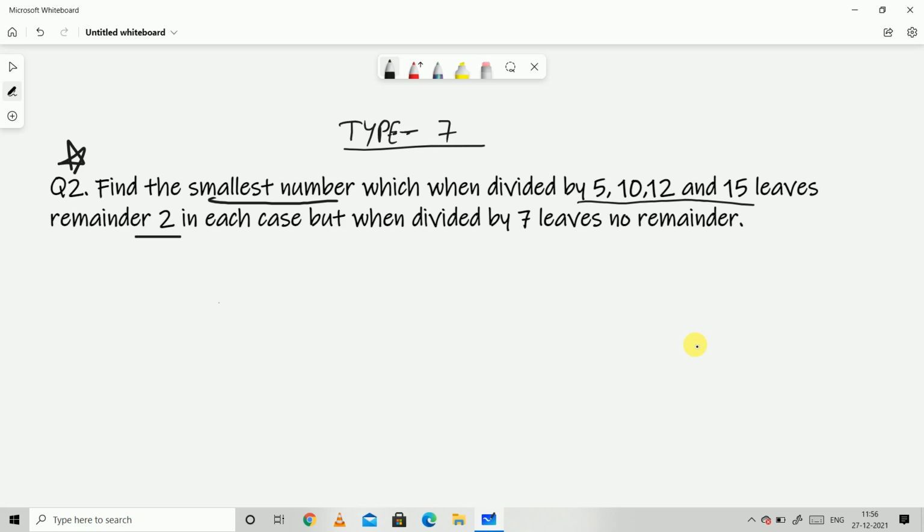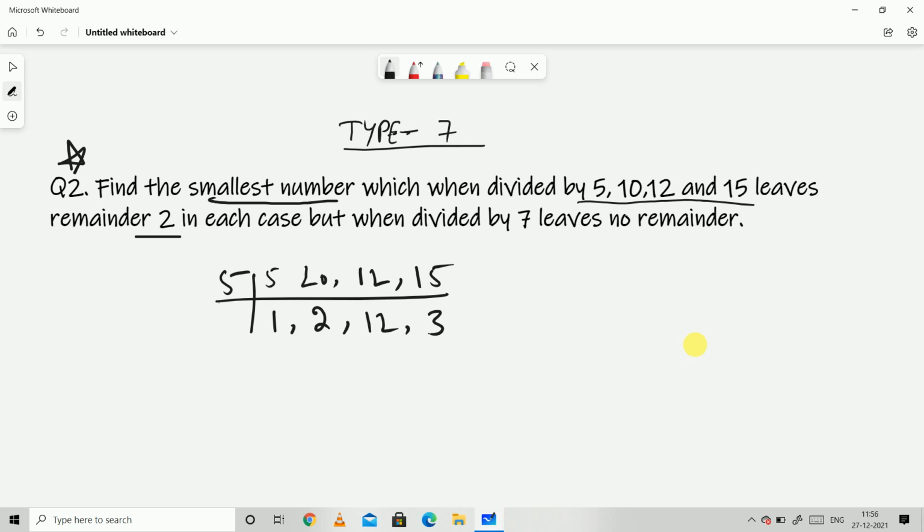Okay, so let's find out the LCM of 5, 10, 12 and 15, which is 5 ones are 5, 5 twos are 10 and 12 and 5 threes are 15. Then we have 2 here, 6s are 12 and then 3.